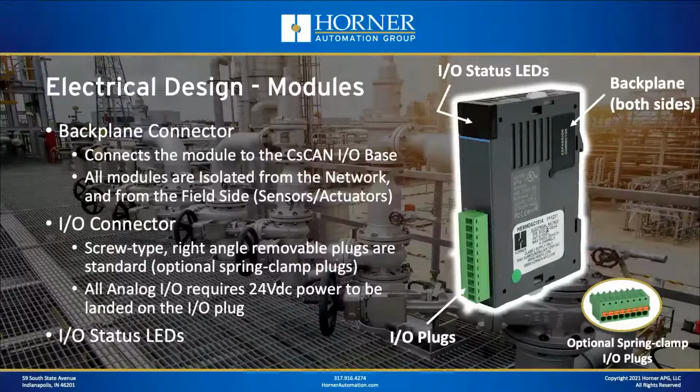So all your sensors and actuators are effectively isolated from the SmartRail backplane through this design. That means that there isn't power available to power the field side of the analog module until you connect 24 volts to the front of the module through the I/O plug.